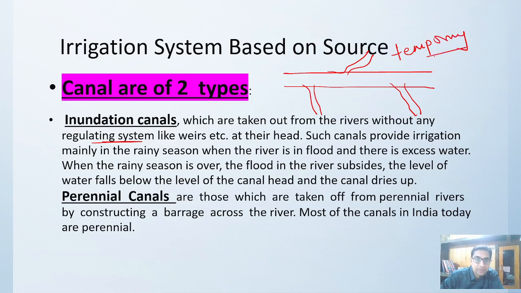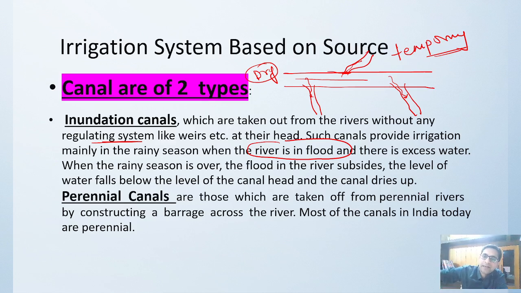Whenever we have floods in the river, water automatically starts flowing in the canal. And when the river is dry, the water level in the river goes down, so the water is automatically cut off in the canal system, and the canal dries up.